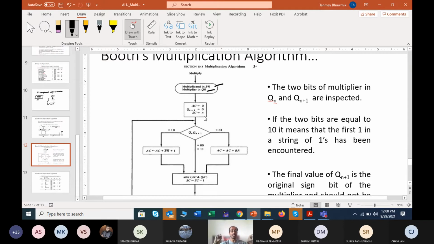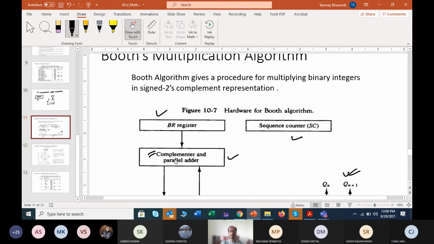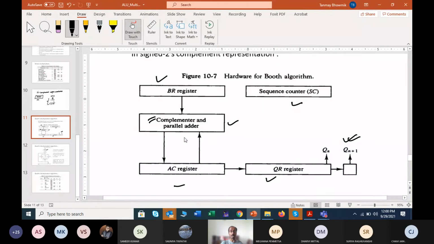Now again, whenever you are subtracting, what are you actually doing? Subtracting means basically you are adding the complement part. So that is why the complementer is useful, right? Now we can see why this complementer was kept here, because we also need to perform the complement of BR sometimes.